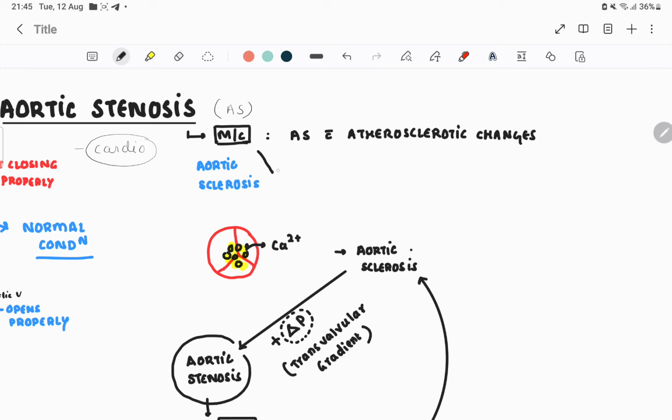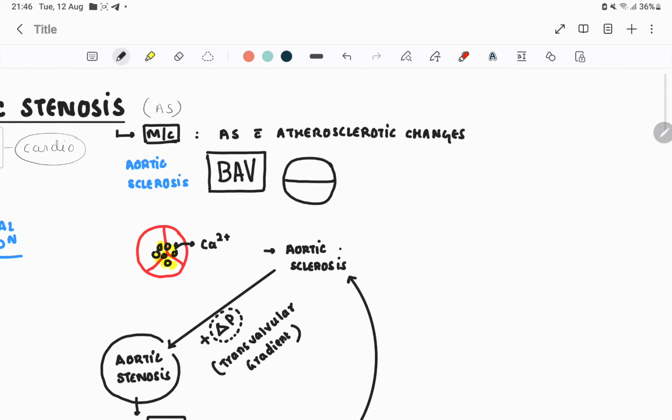What is a congenital cause of aortic stenosis? Congenitally, aortic stenosis may be associated with BAV. What is BAV? BAV means the aortic valve, which is commonly tricuspid, has two cusps now. And this BAV is associated with a famous gene mutation, that is Notch1 defect, and autosomal dominant inheritance, right?